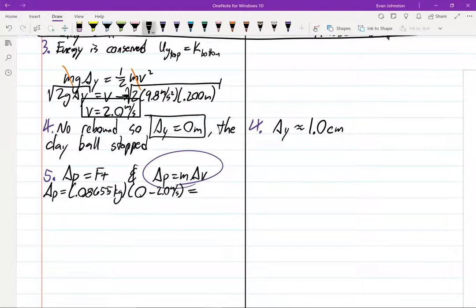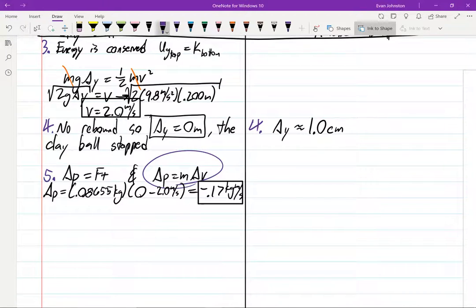Well, multiplying those 2 together, that gives me a value of negative 0.173, but rounding to sig figs, negative 0.17. And then we have kilograms times meters per second. So the units, really nicely for impulse, are kilogram meters per second. That's it. We're done with it, actually. So that was it for part 5 here.